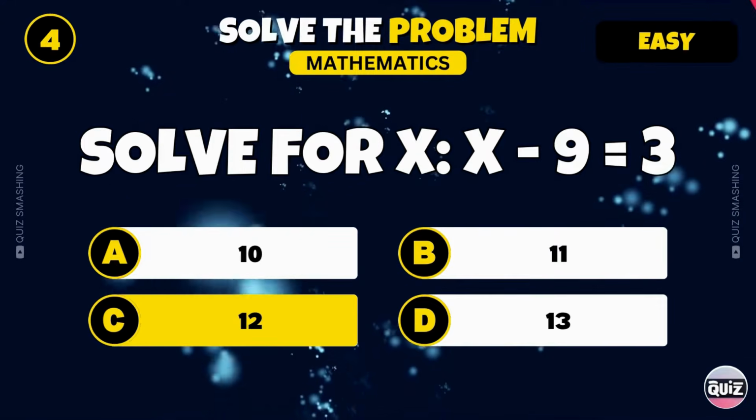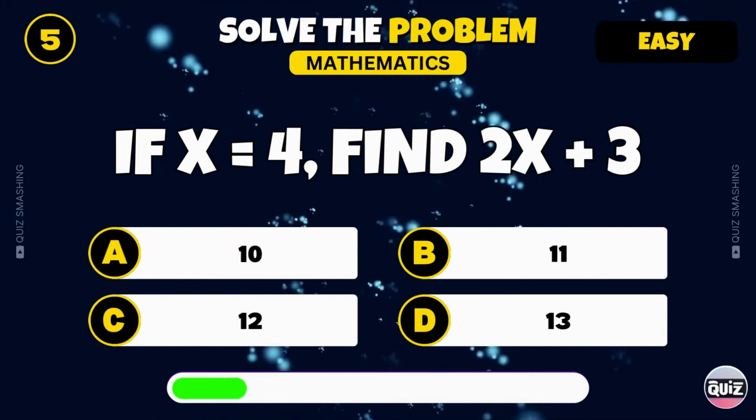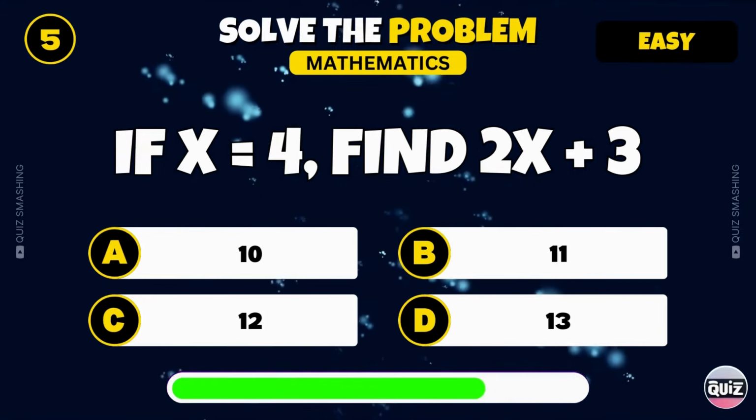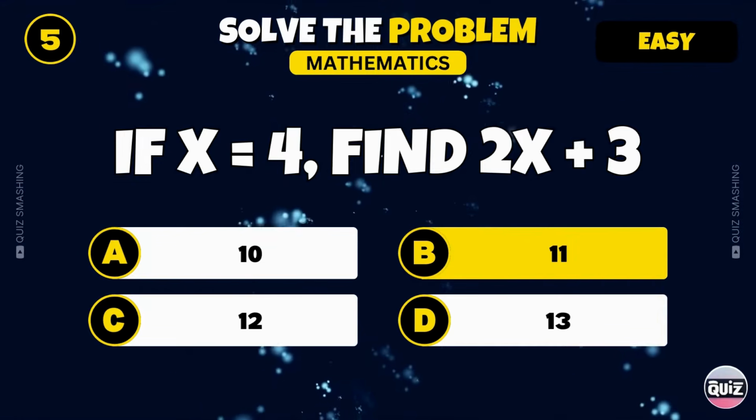Exactly. x equals 12. If x equals 4, find 2x plus 3. Nice job. The answer is 11.